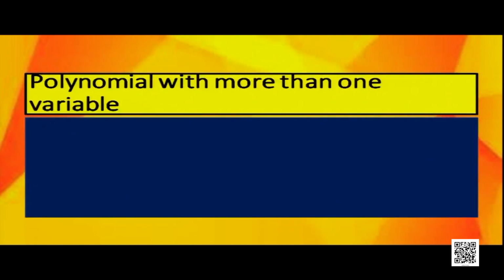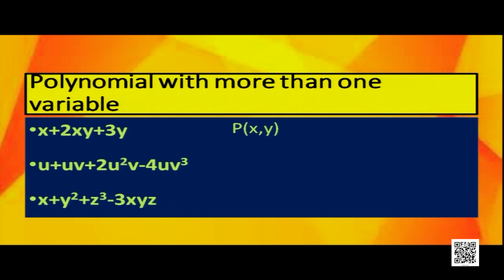Then polynomials with more than one variable, for example x plus 2xy plus 3y. Here we have used two variables, x and y. To denote it, we can write p(x, y).